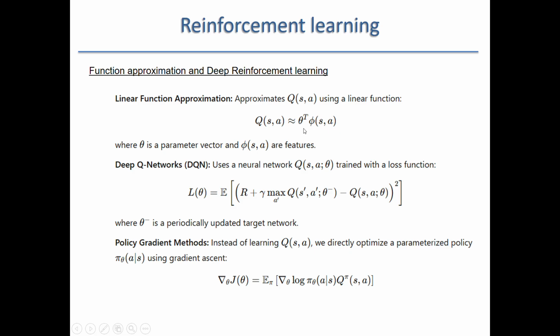So where is deep learning here? Deep learning comes in learning the different functions that appear. For instance, we could approximate Q(S,A), the value of the state S with action A, with some parameter vector and some features. You have to transform the state and the action to some features.